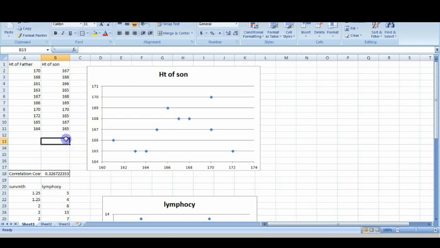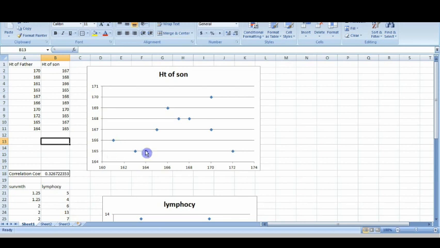Suppose you plot this data in Excel, you get this kind of scatter diagram. Now what do you observe here?